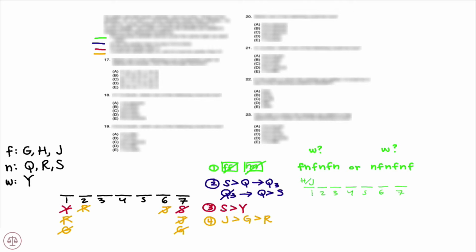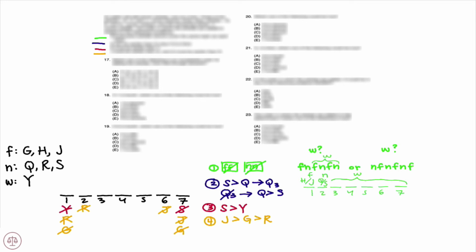Well, we know from rule number 3 that S has to be before Y. So Y can't be second here because S is not before it. So that means that we have nutrition second. So we have either Q or S because we know R can't be second. And then we can have wildlife somewhere after. So wildlife is going to be somewhere 3 to 7.